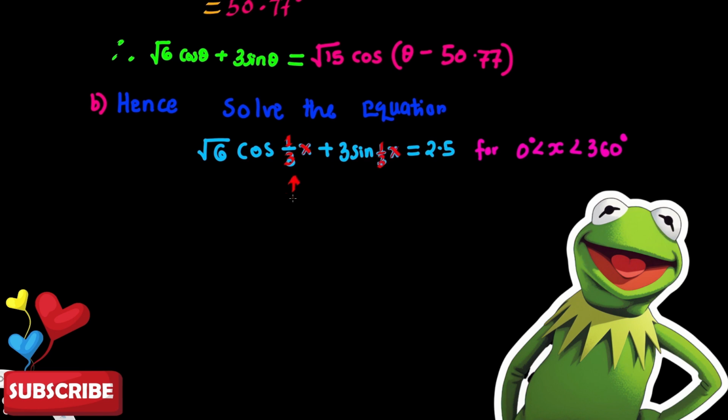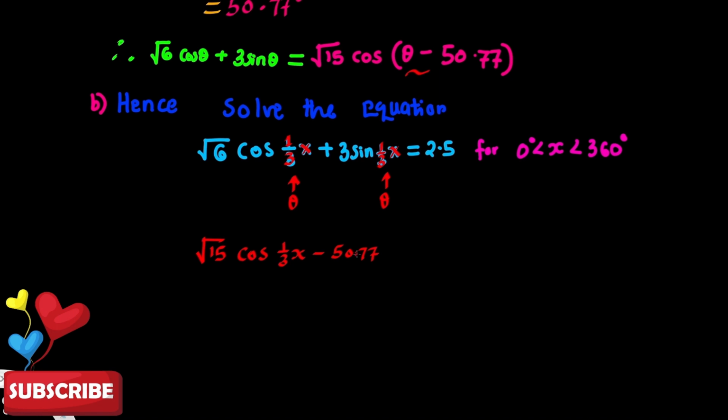So where we have theta in the previous expression that we expanded, we're going to replace that with 1 over 3x. So instead of theta, we're going to write root 15 cos of 1 over 3x minus 50.77 equals 2.5.